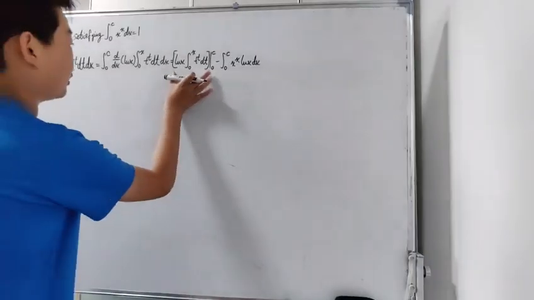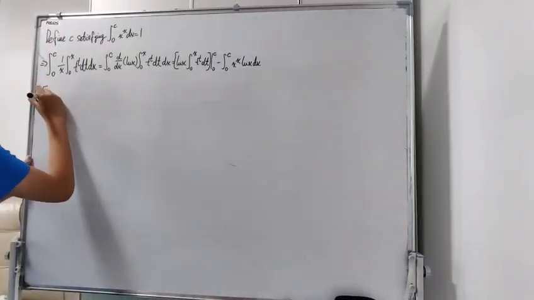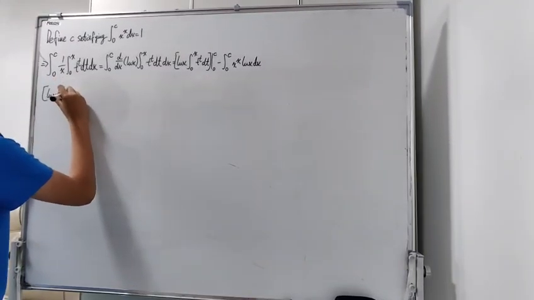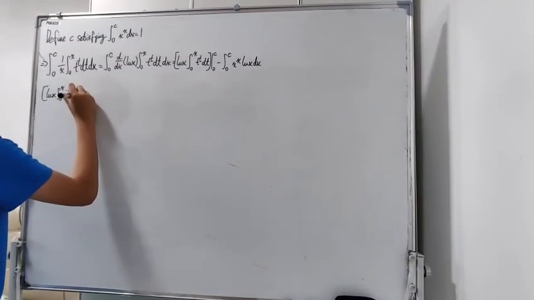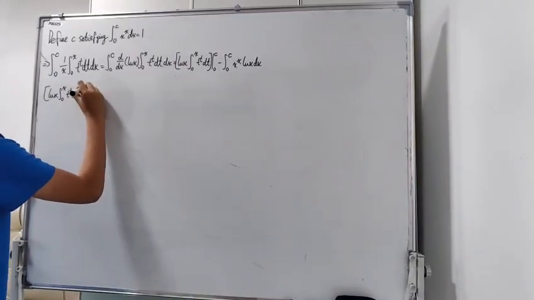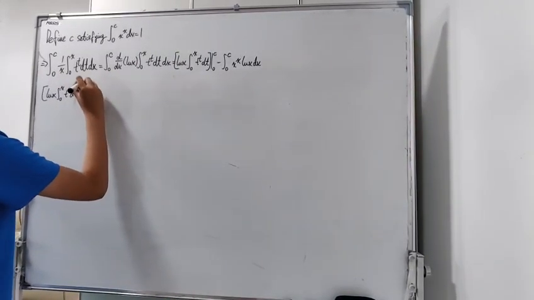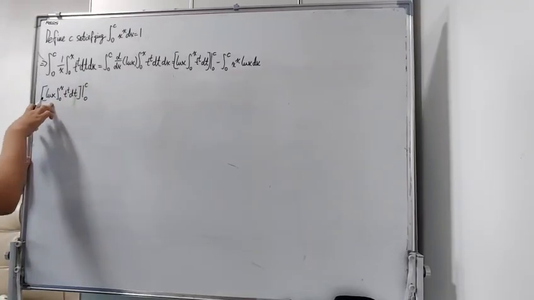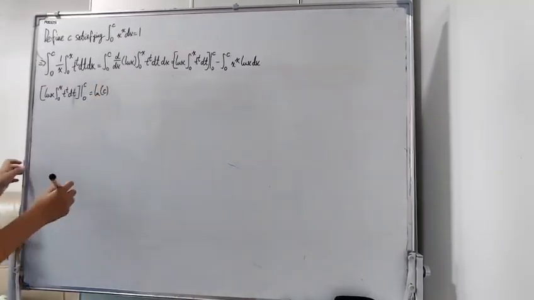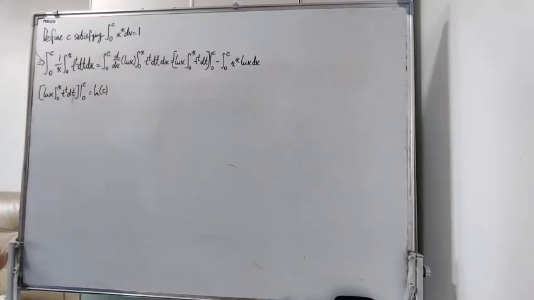Now, we're going to look at this one part at a time. So for this one, this natural log of x times an integral from 0 to x of t to the t dt, first of all, we know what happens when we plug in c to this thing, because this is going to be 1, this is going to be natural log of c, so we have natural log of c minus whatever happens when x goes to 0.